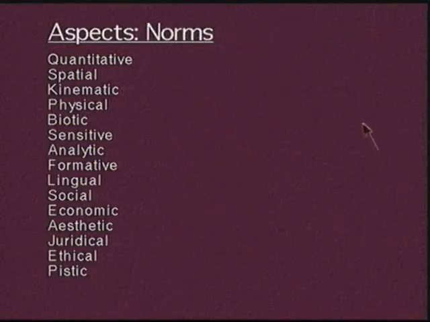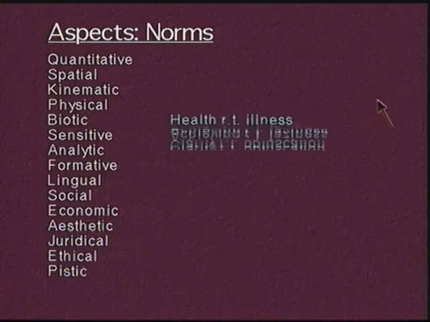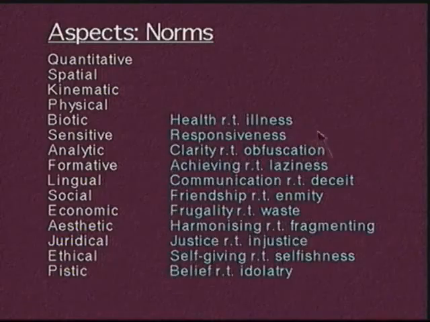See, each aspect is not just a category. It is a norm, at least from the biotic onwards. You can differentiate a good from a bad. Responsiveness versus inertness. Clarity versus obfuscation and confusion.